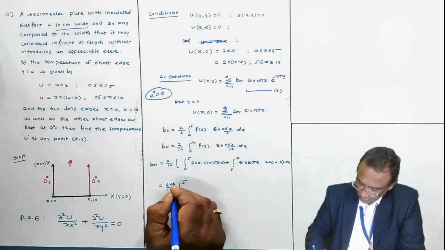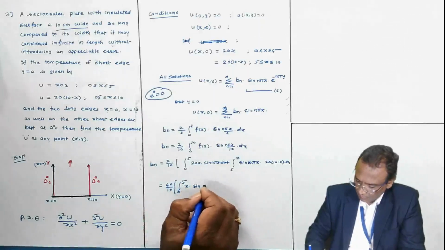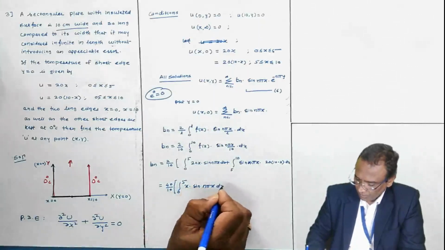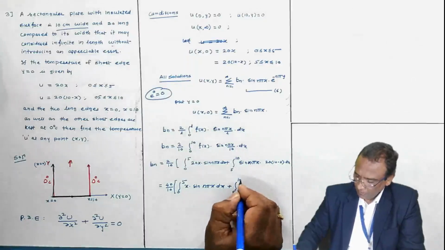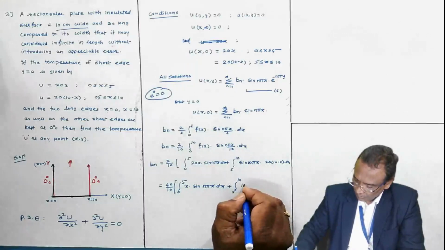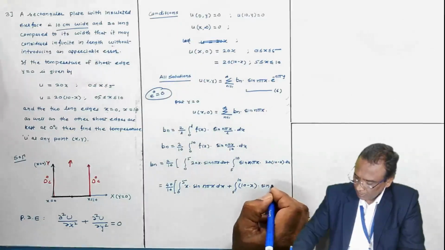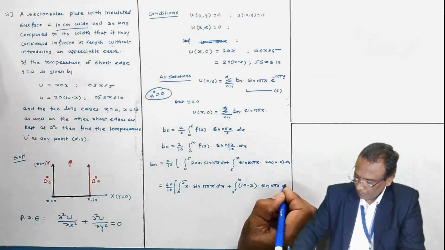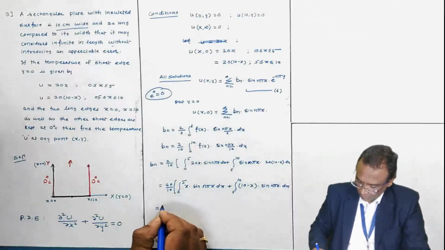Integral 0 to 5 of x sin(n pi x / 10), plus integral 5 to 10 of (10 minus x) sin(n pi x / 10), like this. Now 40 by 10 is 4.